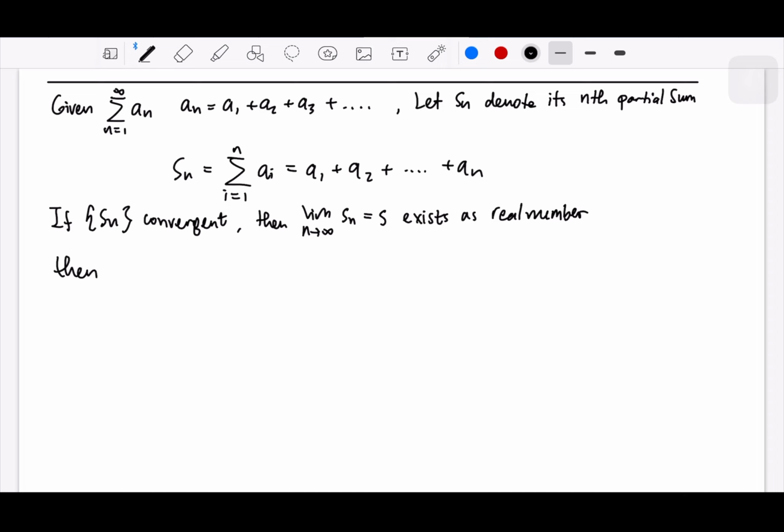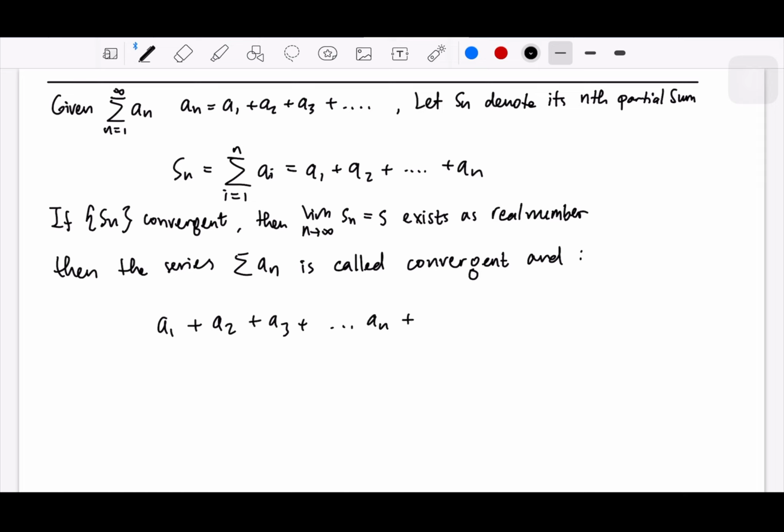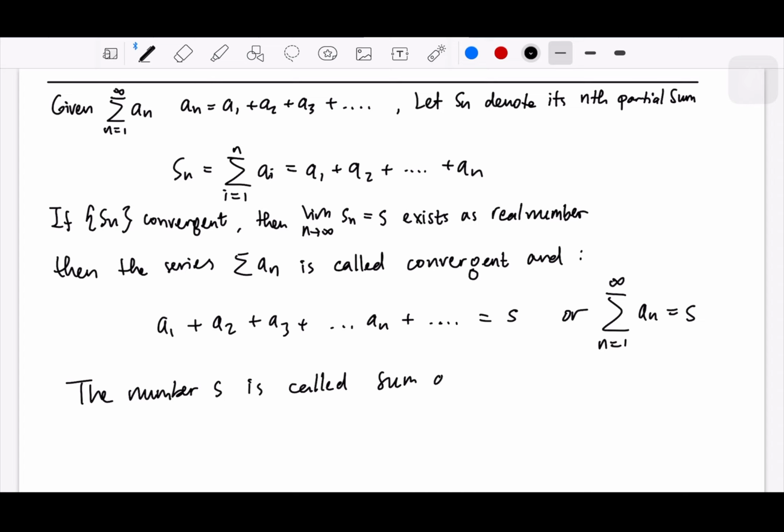So if Sn convergent, then the series is called convergent, and we write A1 plus A2 plus A3 equal S, or we can write in terms of sum, so the number S is called sum of the series.